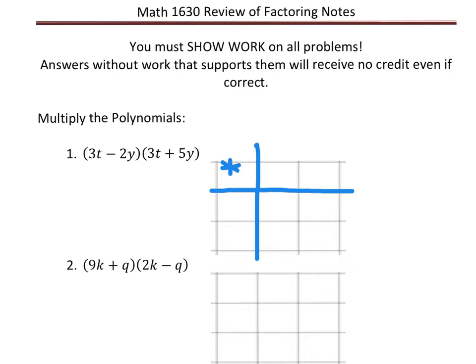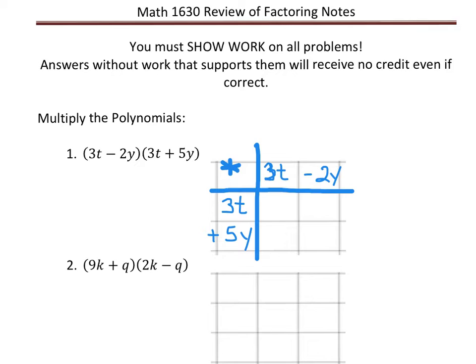And the way that we're going to do that is we're going to put the first factor in the top set of boxes. That's going to be 3t minus 2y. And then on the side, we're going to put the other factor, which is going to be 3t plus 5y. And it's very important that you keep track of your signs, so don't leave any of your signs out.